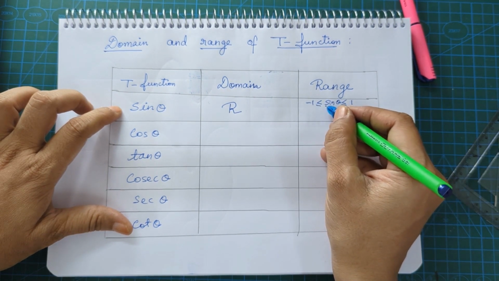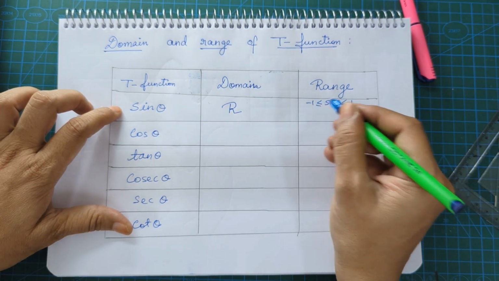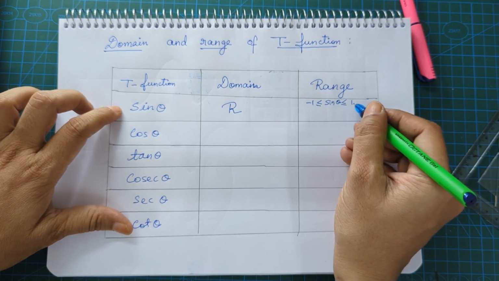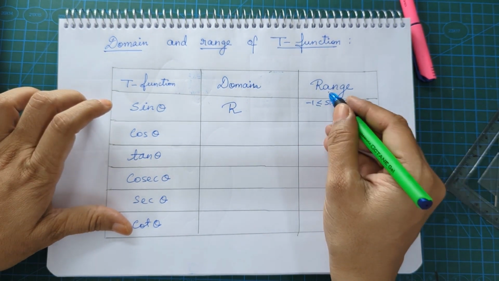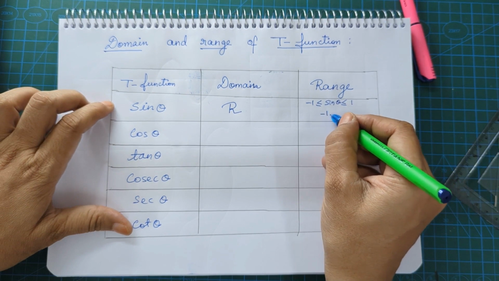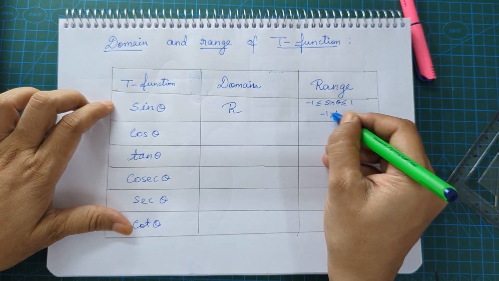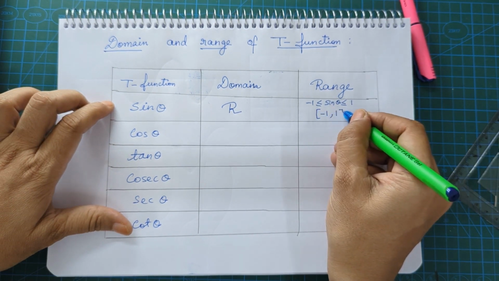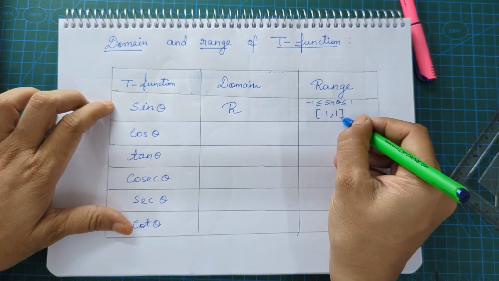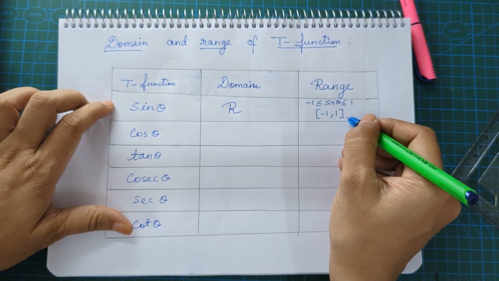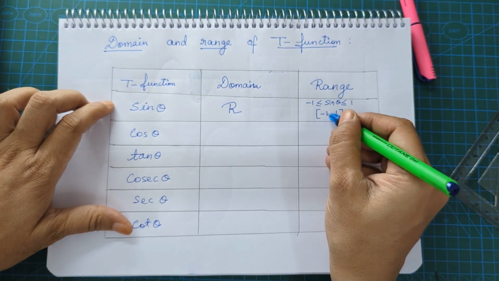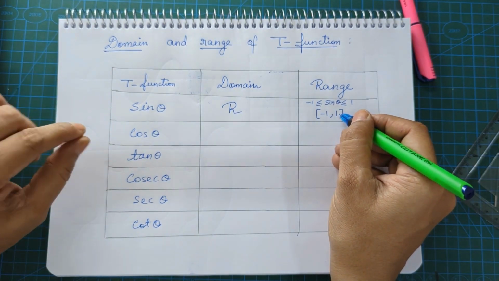Minimum value of sine of an angle is -1. Maximum value of sine of an angle is +1. So the range is -1 up to 1, and I will use the closed bracket. Rectangular brackets are closed brackets, indicating that -1 and 1 are also included.